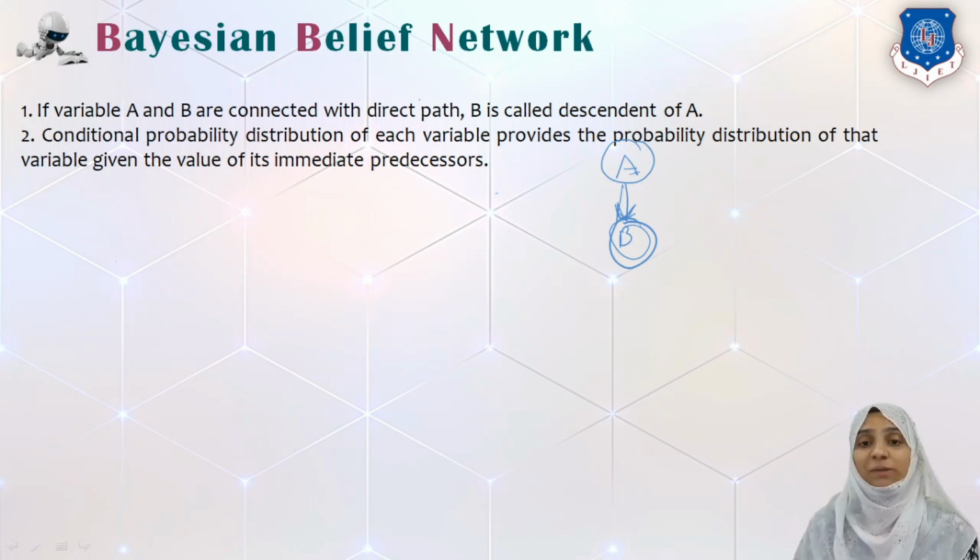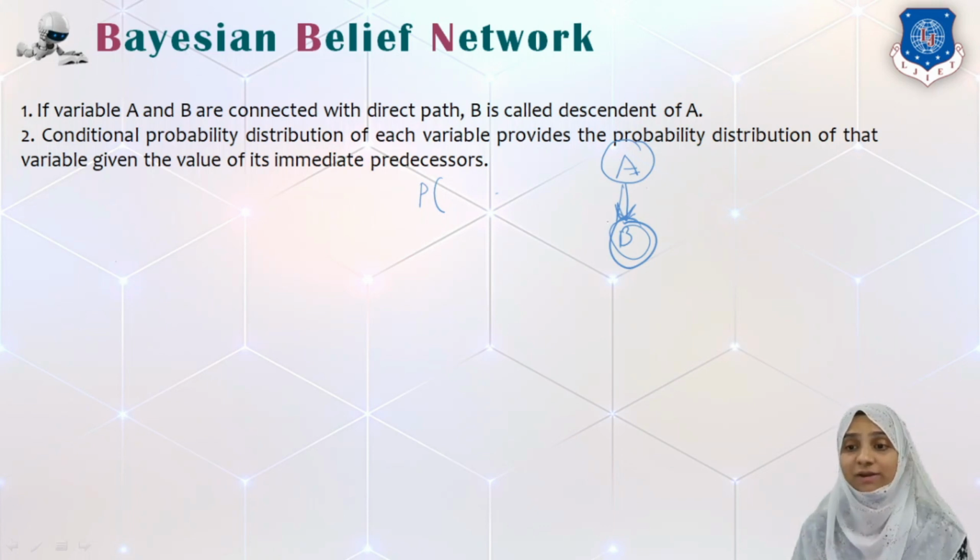Now, the conditional probability distribution of each variable provides the probability distribution of that variable given the value of its immediate predecessor. Okay, so what this says is that the conditional probability distribution of each variable provides the probability distribution.